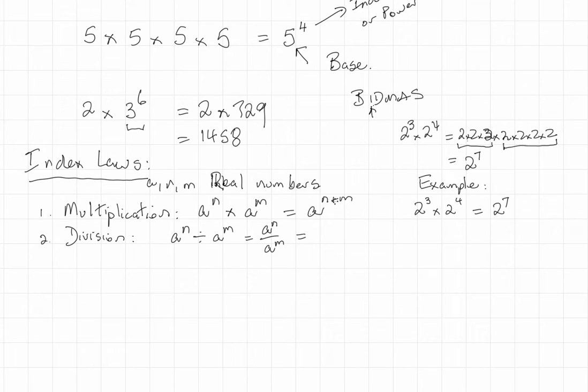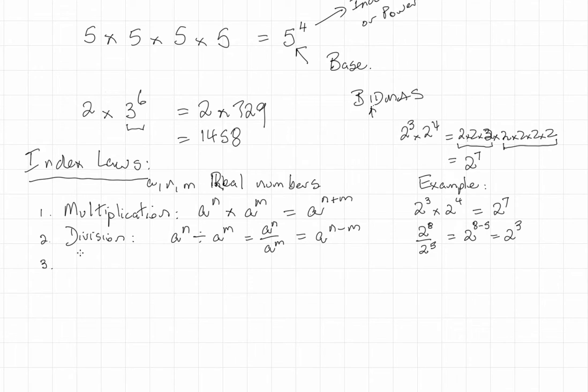That's division. And what's the opposite of addition? That's subtraction. So it's the top one minus the bottom one, a to the n minus m. 2 to the 8 over 2 to the 5 equals 2 to the 8 minus 5, and that's 2 to the power of 3.